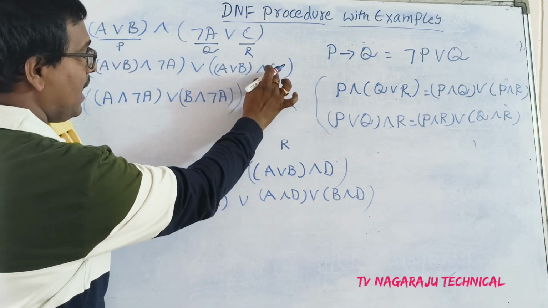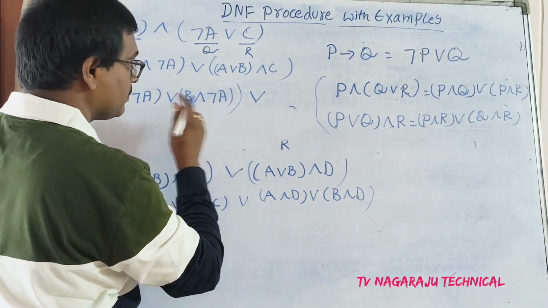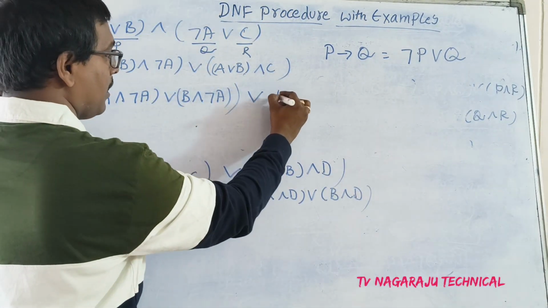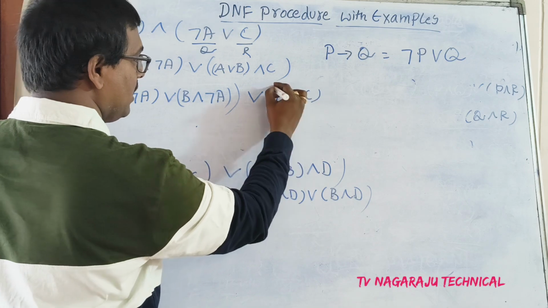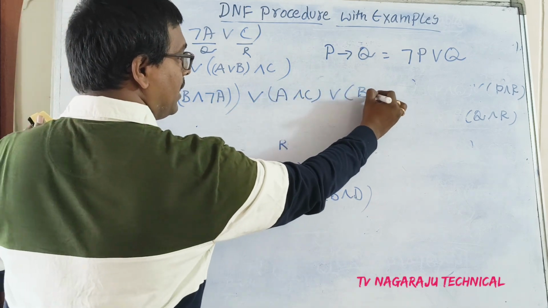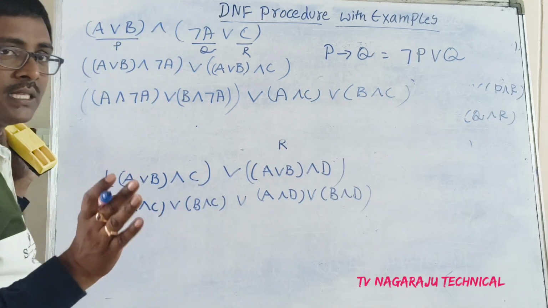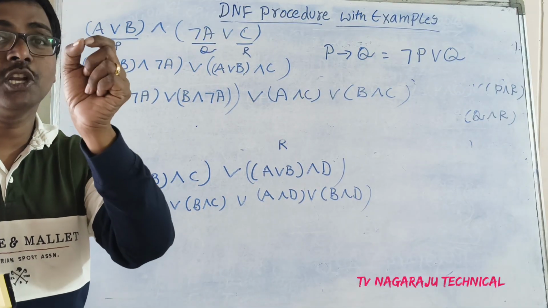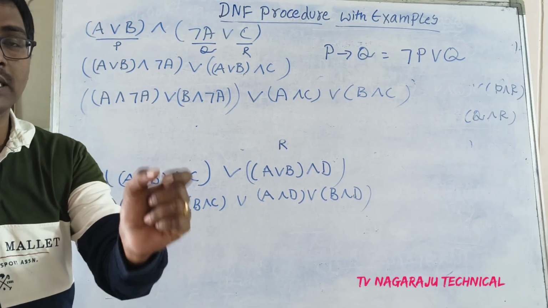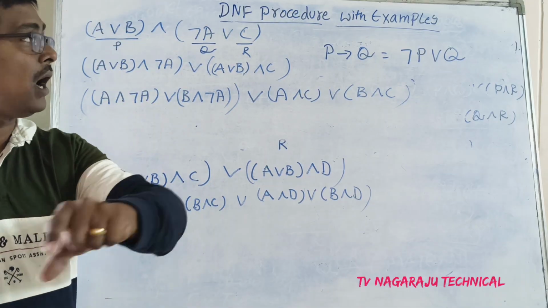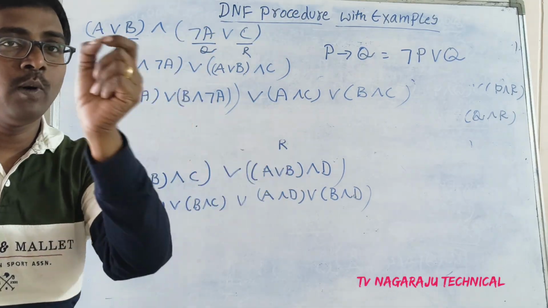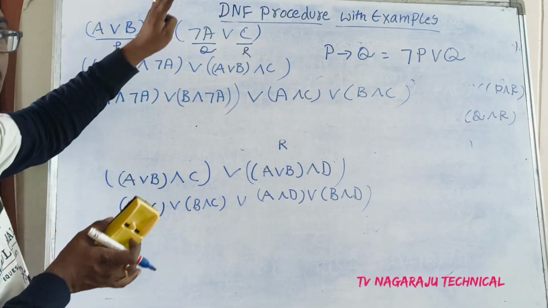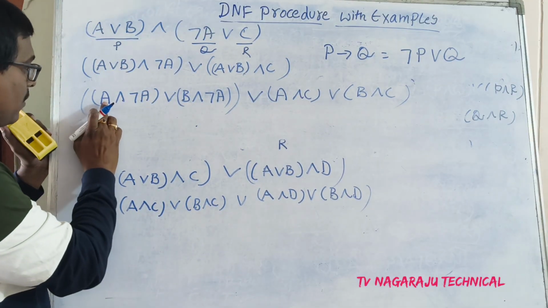Or A and C, or B and C. That means the most important thing is you need to understand the distributive law and how to apply it. Simply AND over OR in DNF, OR over AND in CNF. If you remember that point, it is very easy to construct the disjunctive normal form.